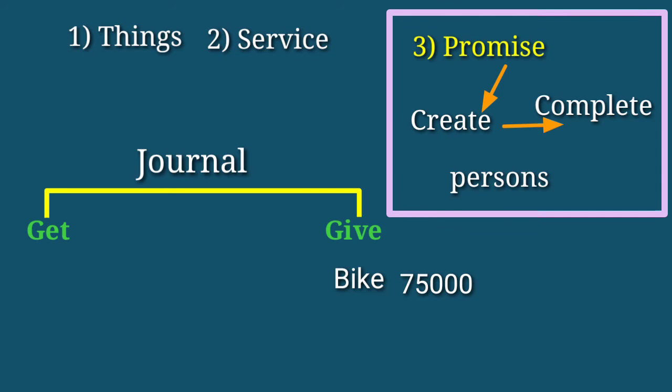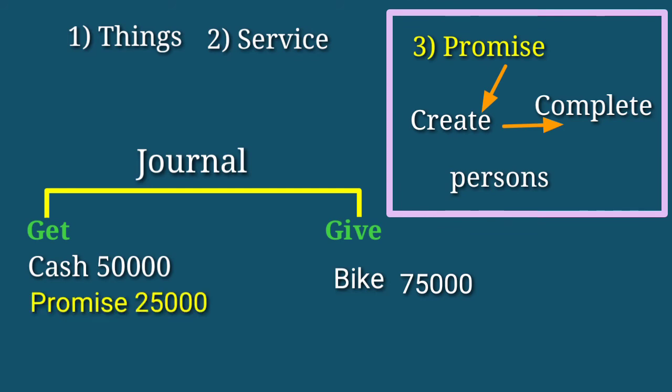That means I give the bike to my friend and I get cash 50,000 right now, and also I got the promise from Ajay for 25,000. Here 50,000 cash he gave and 25,000 he will give in future. That means promise.